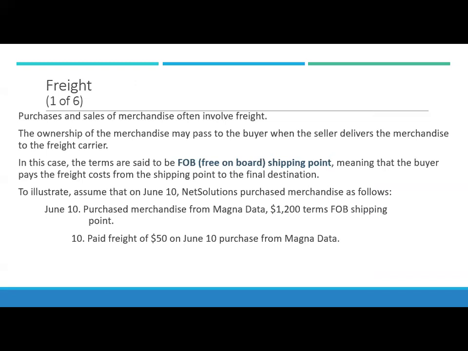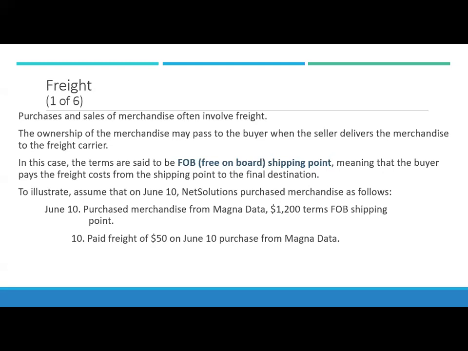So, a few examples here. Net Solutions purchased merchandise from Magnet Data on June 10th for $1,200, terms FOB shipping point.